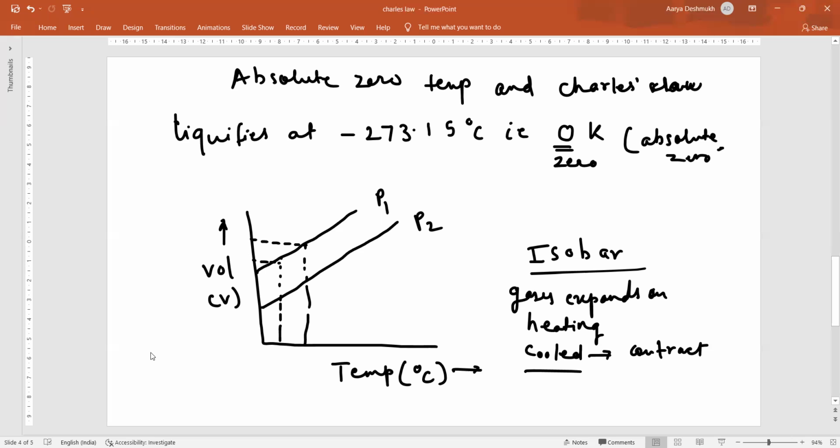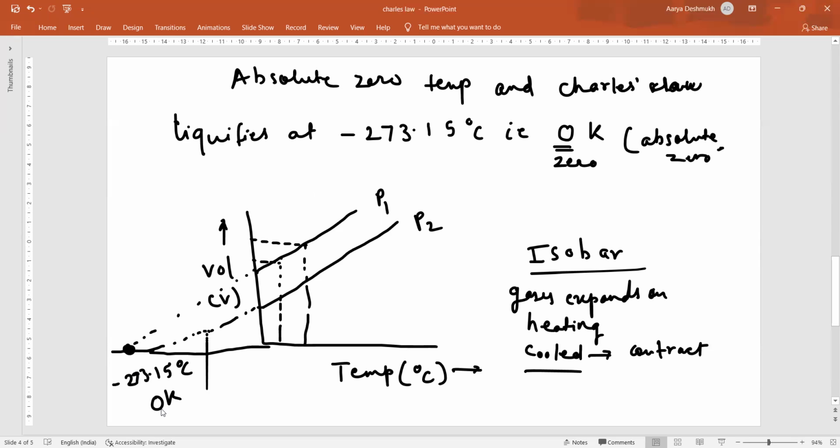Now coming back to this graph again, as we say that gases liquefy at a particular temperature. If you extrapolate this curve further, like this and this also, you will get such a point somewhere here, that this is the temperature, minus 273.15 degrees Celsius or 0 Kelvin.